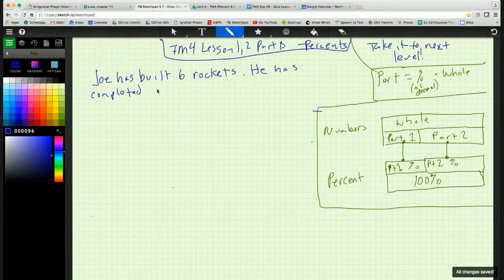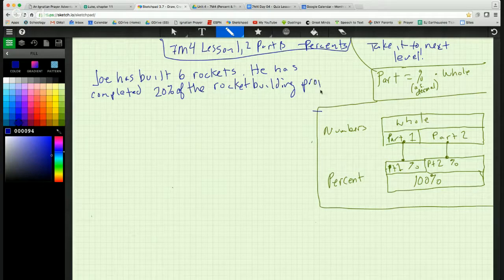He has completed 20% of the rocket building project. How many does he have left to build?